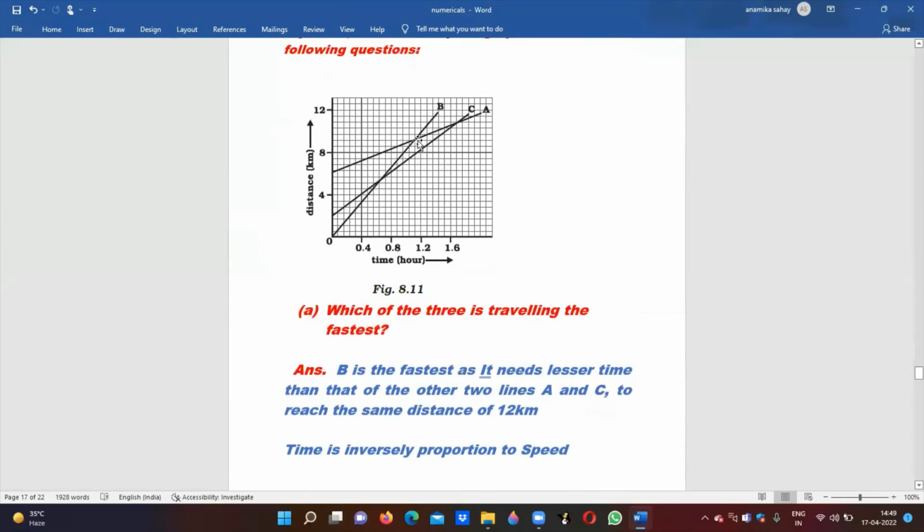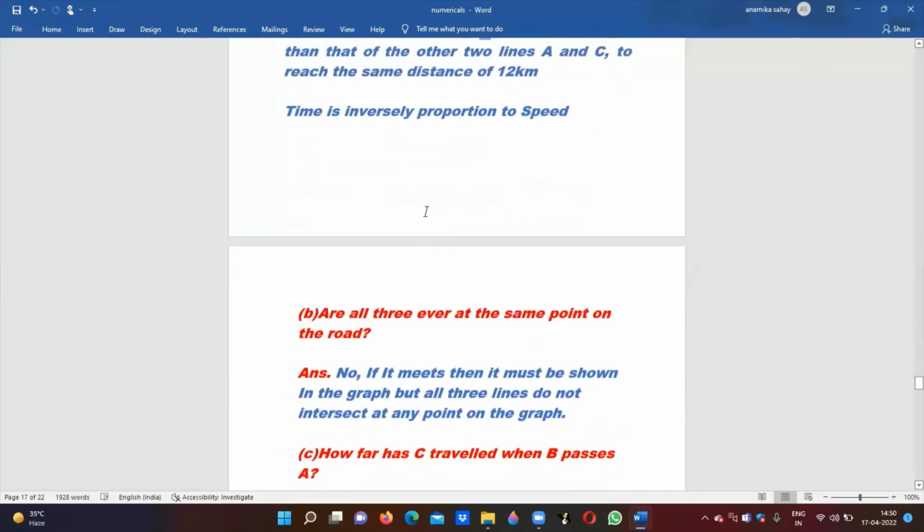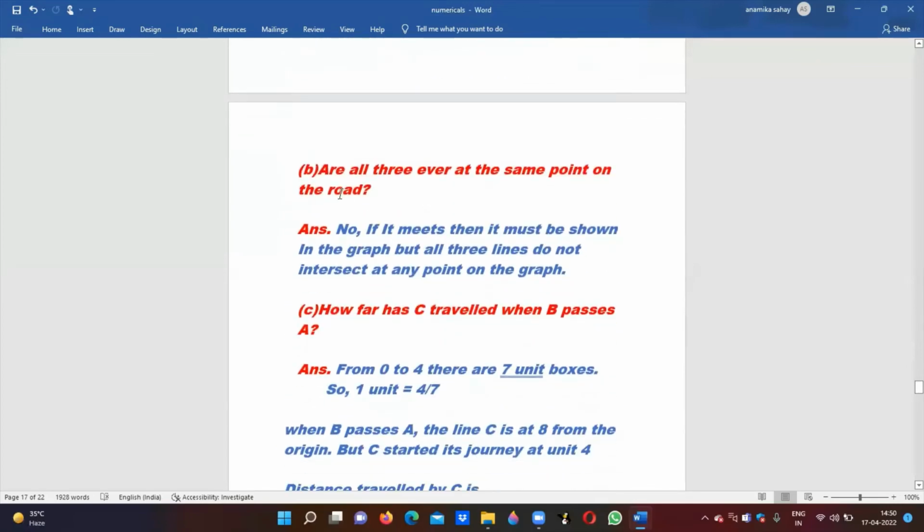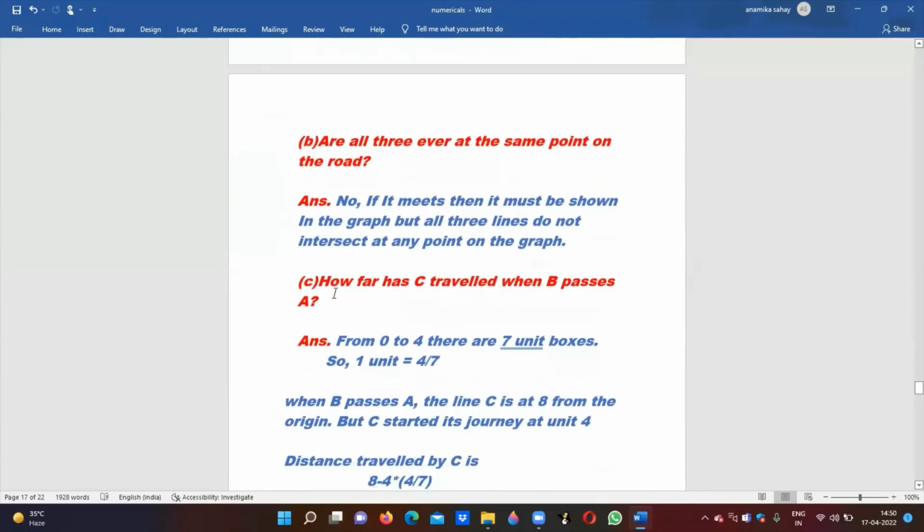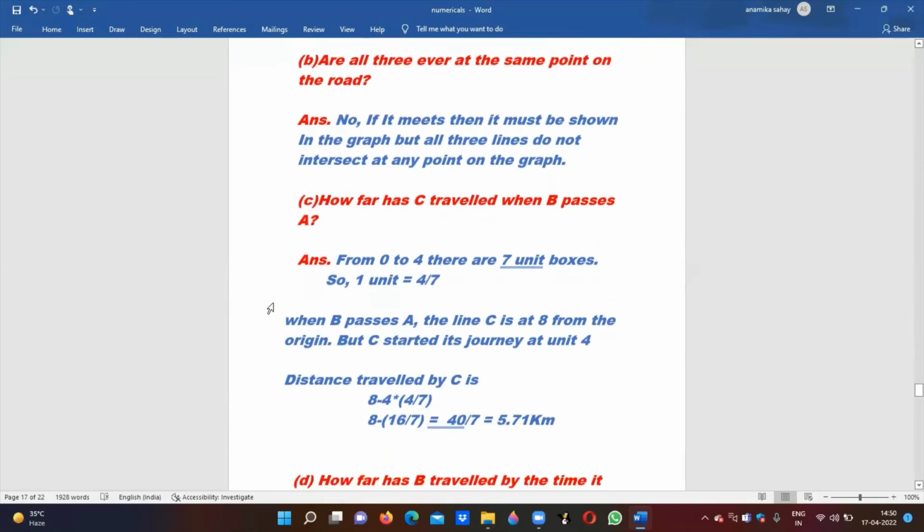Okay, here is a meeting point, but only A and B intersect. At this point B and C intersect, but there is no point where A, B, C all three intersect. If they meet, then it must be shown in the graph. But if all three lines don't intersect at any point, it means all three never meet at the same point on the road.